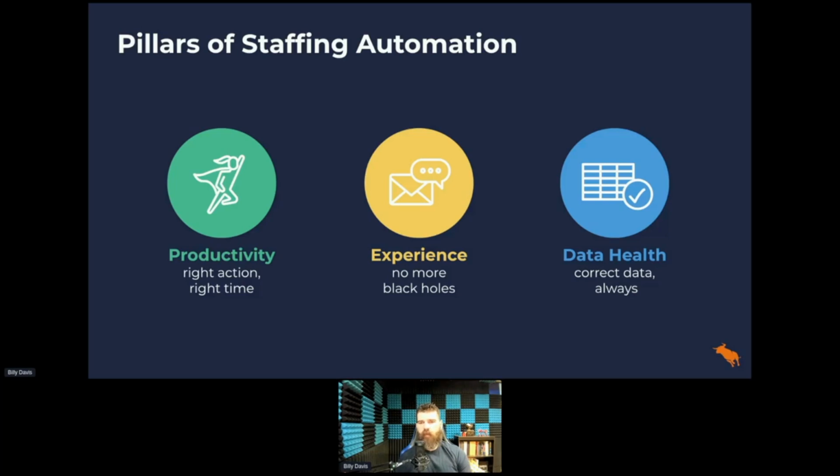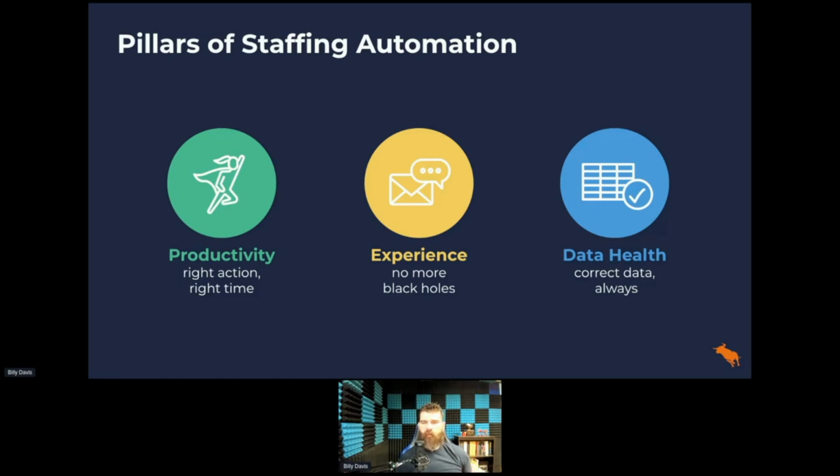So that means improving your data health, enabling self-service to allow candidates and clients to update their own information, and reducing data entry or eliminating it in some cases, so you can free up your recruiters' and salespeople's time so that they can build relationships and take a consultative approach. I've never met a recruiter or salesperson who really likes to do data entry or admin work. And then the added benefit is you get accuracy, consistency, all of those elements.